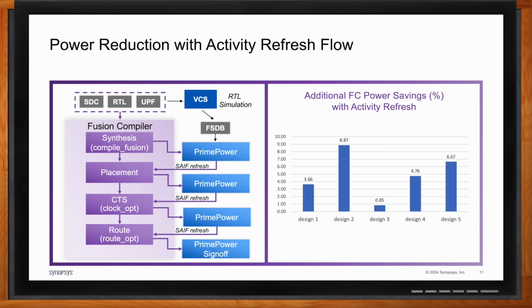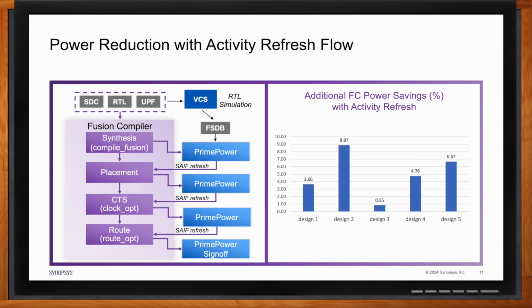It'll be able to quickly recompute activity on that netlist and then send that activity file, called the SAIF file, switching activity interchange format, a SAIF file that basically has the updated toggle data, back into the implementation flow. So this activity refresh then is really important to get the best possible power optimization results.